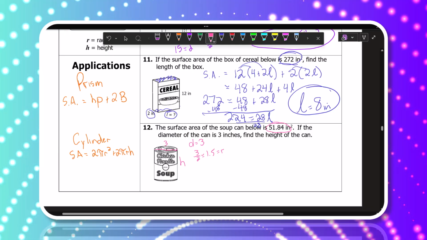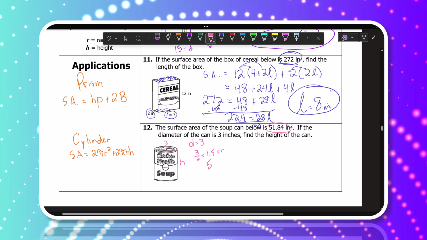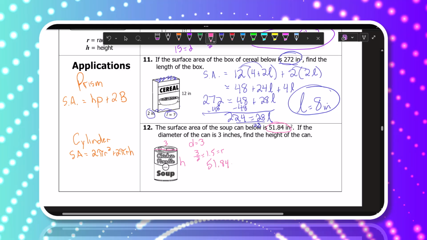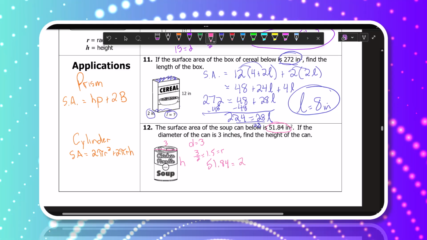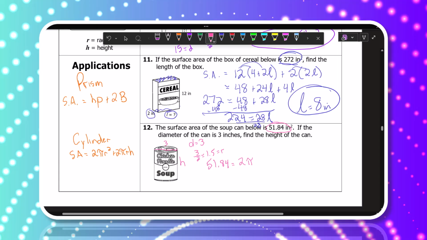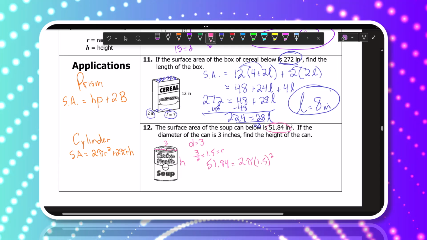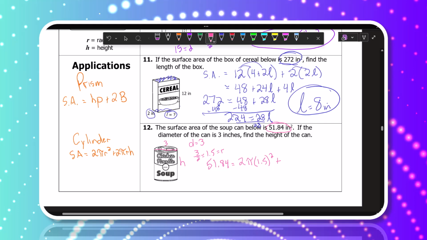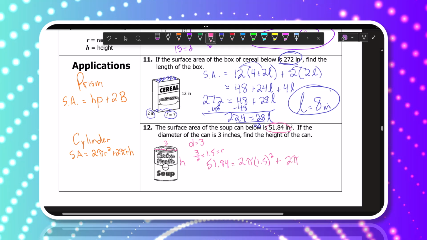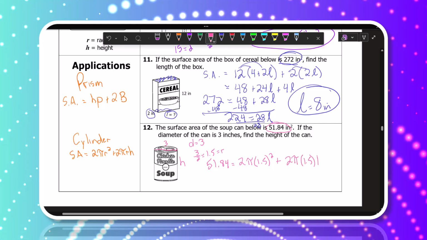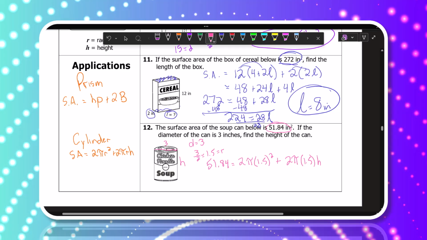So we set up our formula. Surface area, which in this case is 51.84, equals 2 times pi times our radius squared, so 1.5 squared, plus 2 pi times our radius, now times our height, which we don't know.